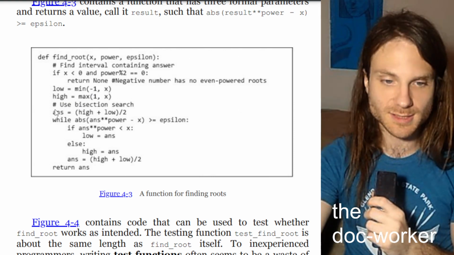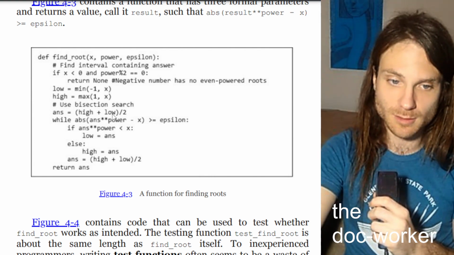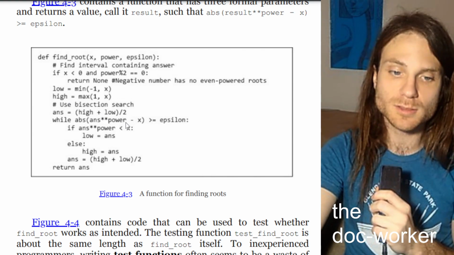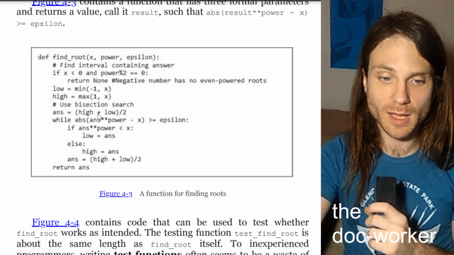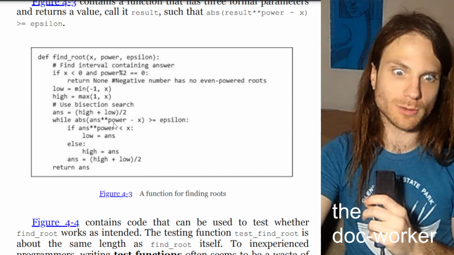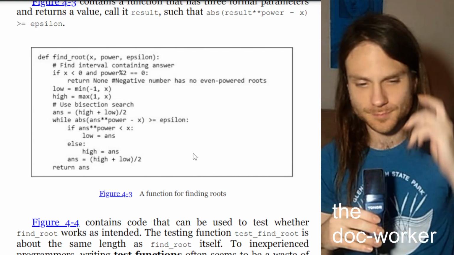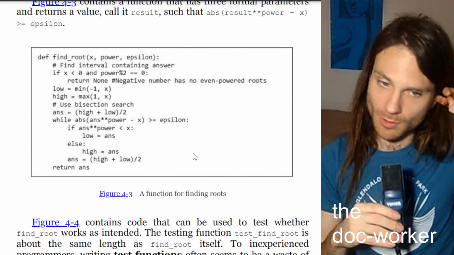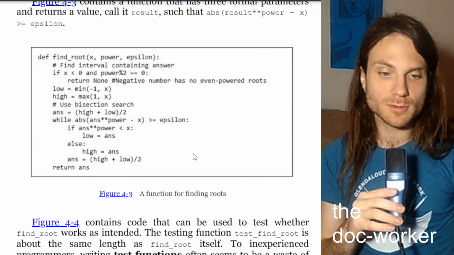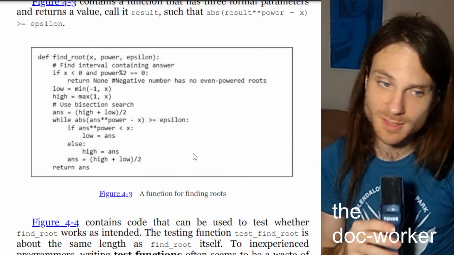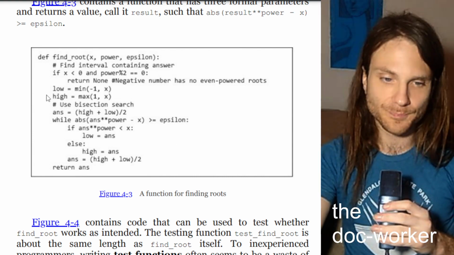Create a variable ans and set that equal to the result of evaluating the expression high plus low, these two variables we just made, divided by 2, then while the absolute value of ans to the power minus x is greater than or equal to epsilon, if ans to the power is less than x, then update the value of our low variable equal to the ans variable, or else update the value of the high variable to equal the value of our ans variable.